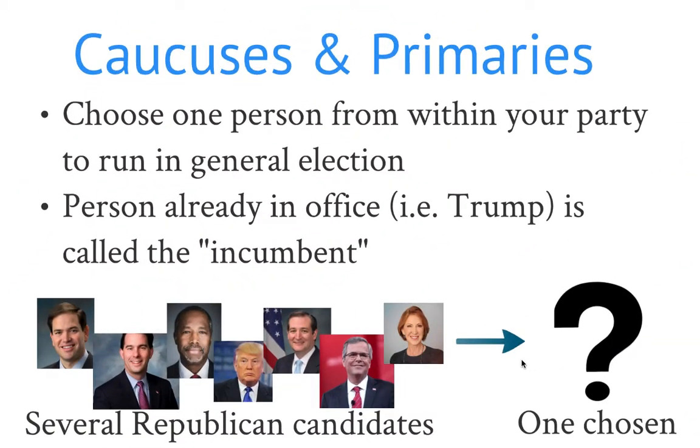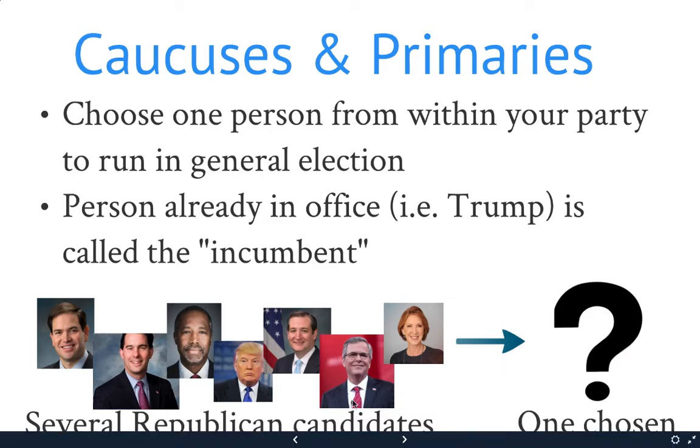So in caucuses and primaries, the job of the political party is to narrow down from a lot of candidates to just one candidate. In 2016, these are some of the Republican candidates that ran for office.